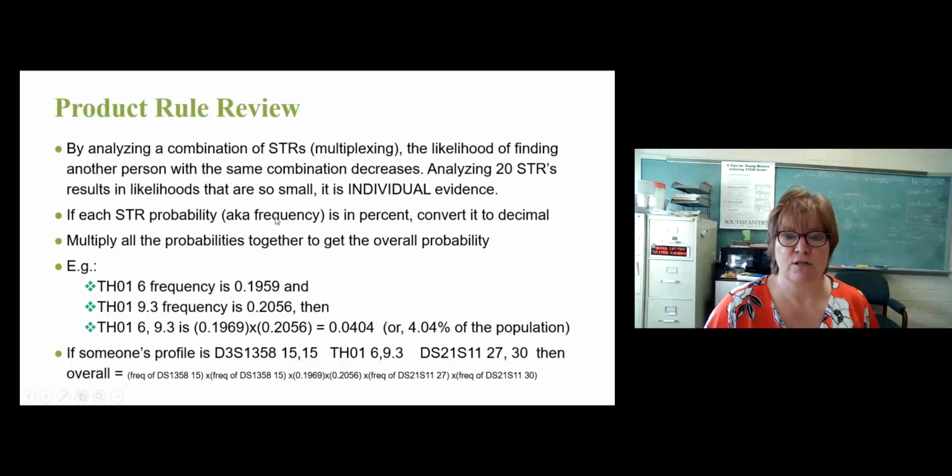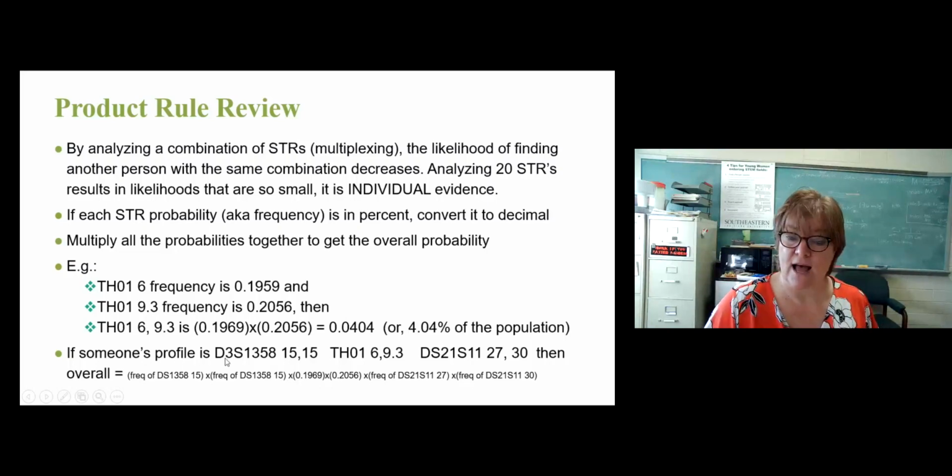So let's say that you had somebody with TH01 6, and that one I already told you was 0.1959, and TH01 9.3 is 0.2056, then we would multiply 0.1959 times 0.2056, and I'd get 0.0404. Converting that to percent, that means 4% of the population would have those particular 2 alleles for this one STR.